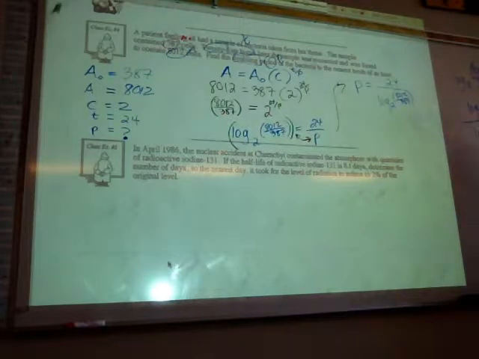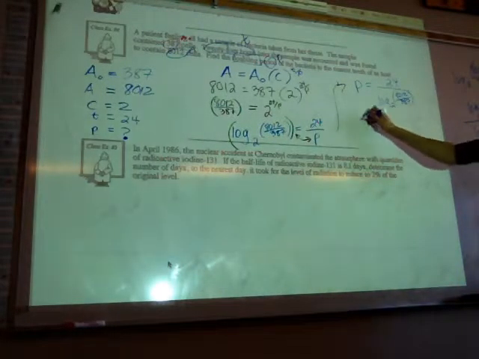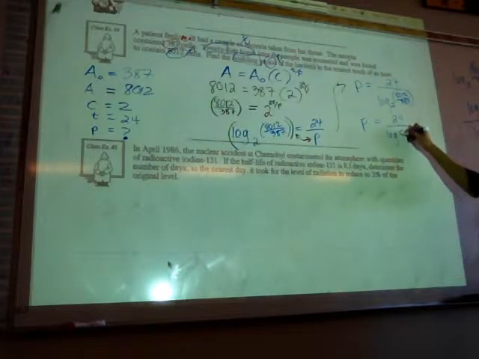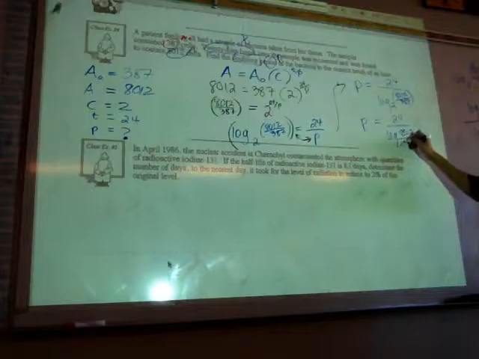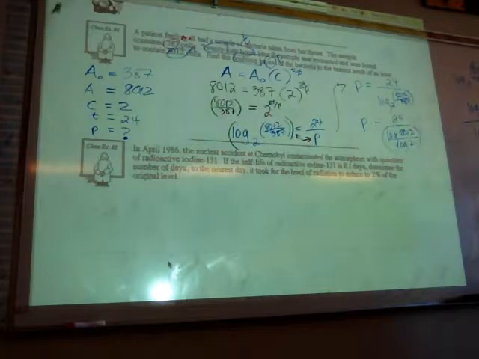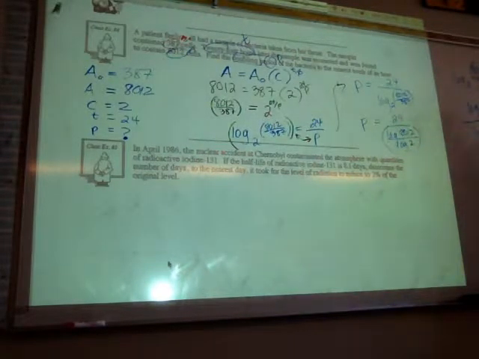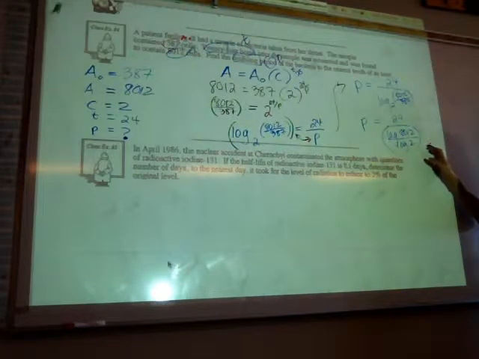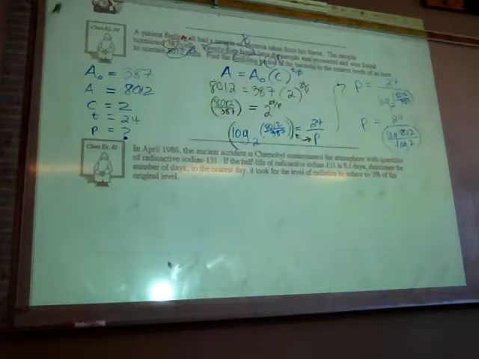You guys remember that? So this is the change of base identity, where you're changing both bases to 10, and you're able to divide them. So our final calculation will be 24 divided by log of 8,012 over 387, divided by log 2. And if I were you, I'd probably just calculate the denominator first, press enter, and then go 24 divided by second to answer. Then it carries all your decimals.